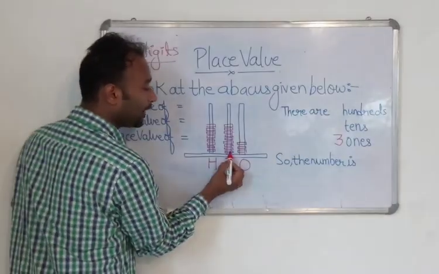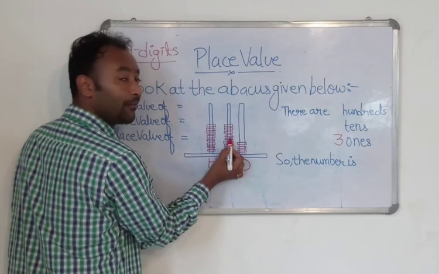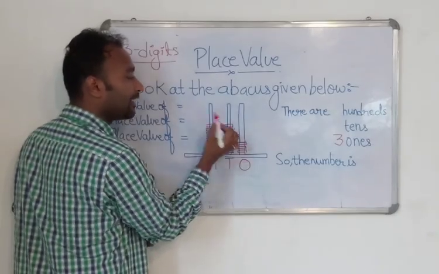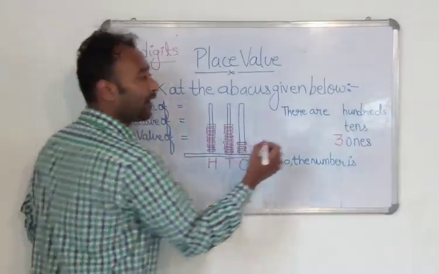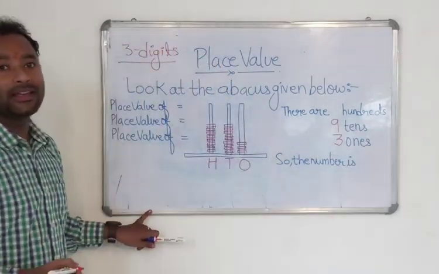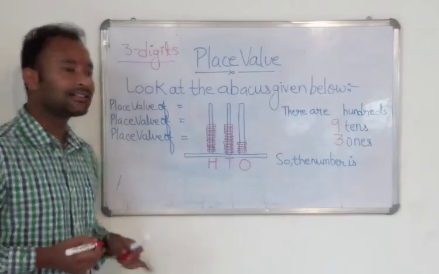Yes, start counting: 1, 2, 3, 4, 5, 6, 7, 8 and 9. So 9 beads are there, or you can say that 9 tens are there.